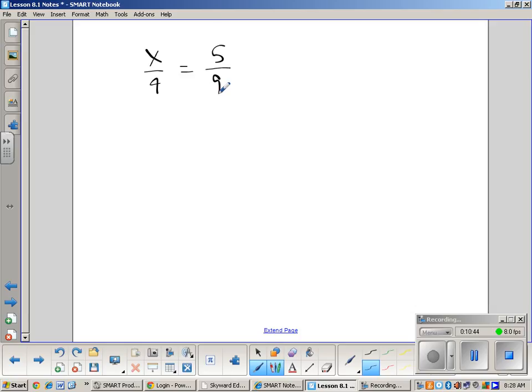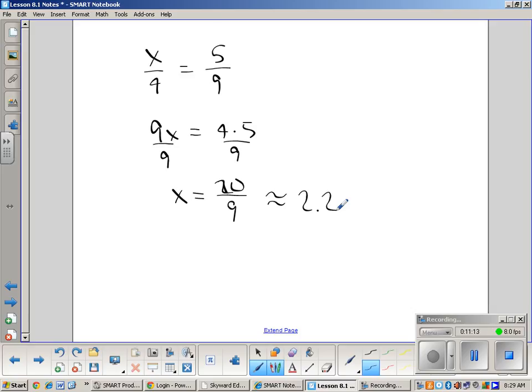Multiply x and 9 together. Okay. So 9 times x equals 4 times 5, which is 20. And if I divide both sides by 9, I get x is equal to 20 ninths, which is 2 and 2 ninths, or if we want to round it, 2.2.